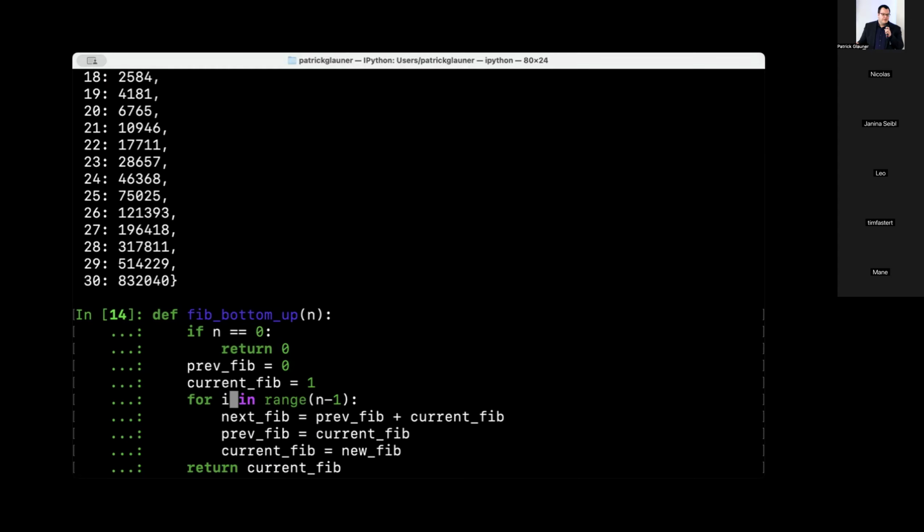If you have a for loop in Python and you don't need the index variable, you can just keep it i, but if you use some static checkers or some IDE support tools, then this will still be shown to you that you have introduced a variable that you're not using.